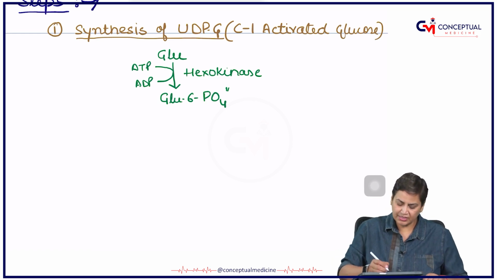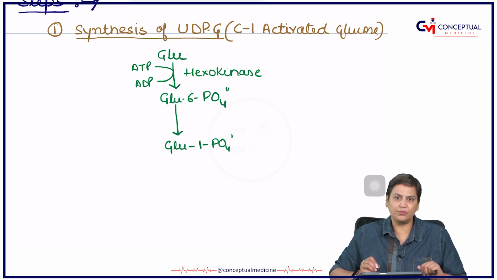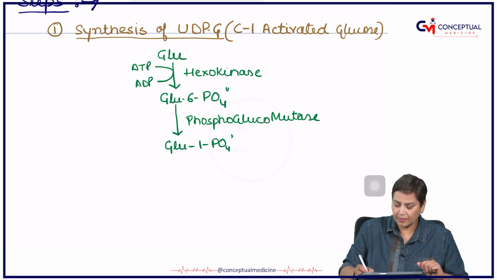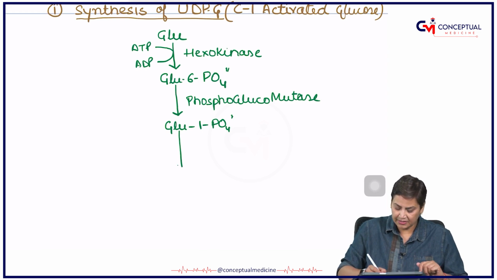Now, this glucose 6-phosphate, by a simple interchange reaction, will be converted into glucose 1-phosphate. Means from the 6th position, it will jump to the 1st position, because we have to activate C1 of glucose. Why? Because we have to make a glycosidic bond. And here the enzyme is phosphoglucomutase. And it is going to form glucose 1-phosphate. Then, for activation, UTP will come.